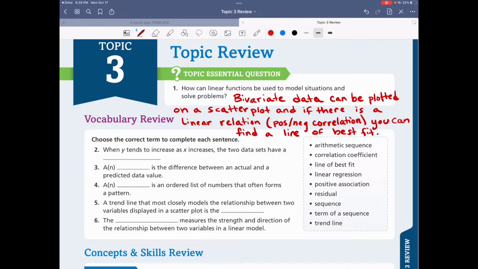And this works with real-world situations like the temperature after the sun setting, or maybe the amount of mosquitoes there are after a rainfall. These sort of things where we're comparing two things to see if there's a relationship.